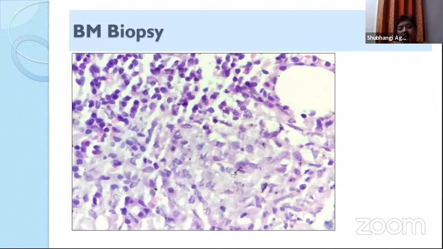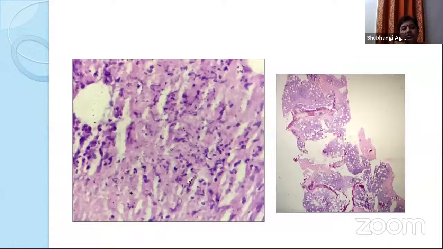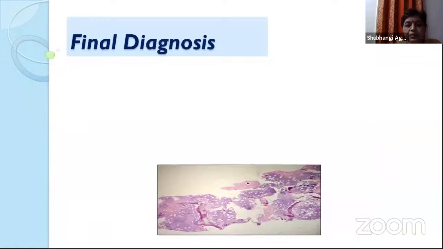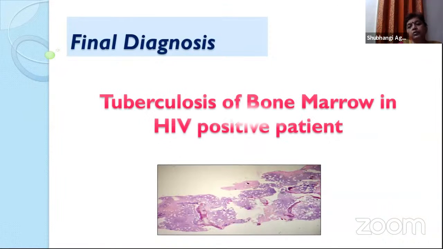So we took more sections to see if there is any caseation necrosis, and we got a caseation necrosis in deeper sections. So AFB was done in this patient, which was positive. So the diagnosis which was established in this case was tuberculosis of the bone marrow in a HIV positive patient.